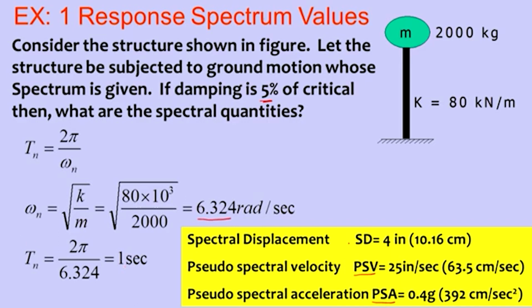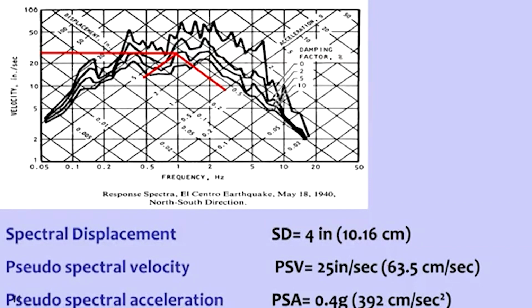So now for 1 second, these are the corresponding displacement, velocity and acceleration values. How did we get them? Let's look at this chart. I took the natural period of 1 second, so frequency is equal to 1 by T, 1 by 1 is 1 hertz.